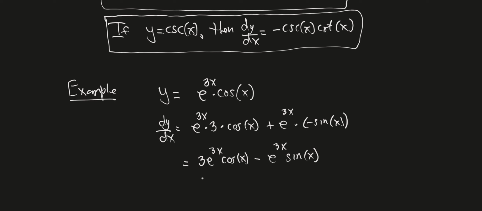And then another way that a lot of students like to write this, they realize that the e to the 3x is a common factor. So I could factor out the e to the 3x, and then that leaves me 3 cosine of x minus sine of x in parentheses, right? So again, all of these are the same. It's just equivalent forms of the derivative of this function, all right?